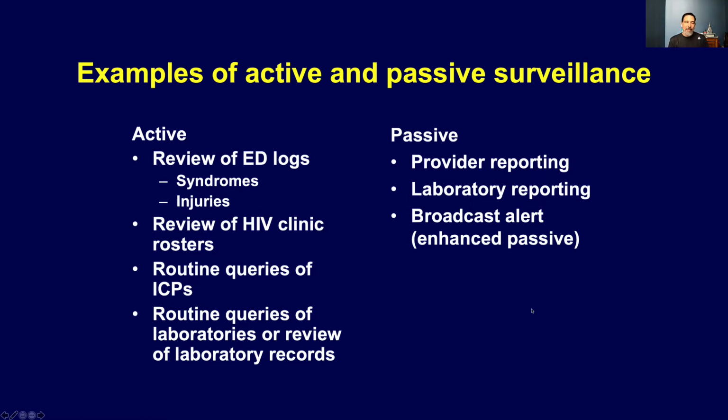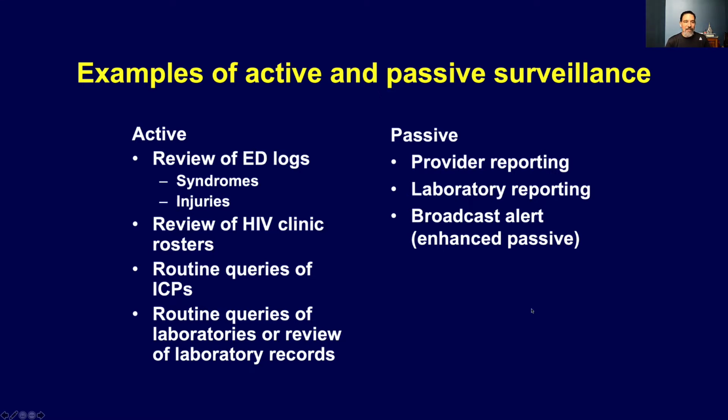So what happens in the more intensive kinds of surveillance systems that are active compared to one that is less intensive or passive? So with active case surveillance, you have staff going out, for example, to review emergency department logs, looking for specific kinds of syndromes or injuries.